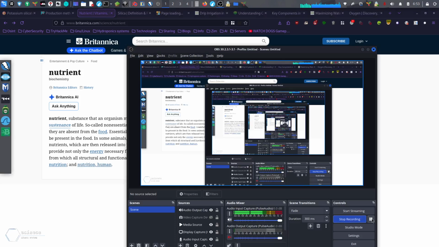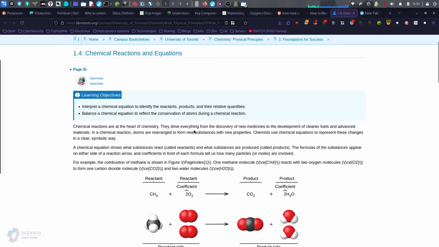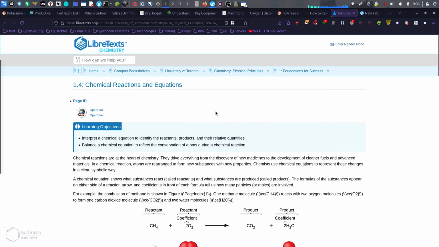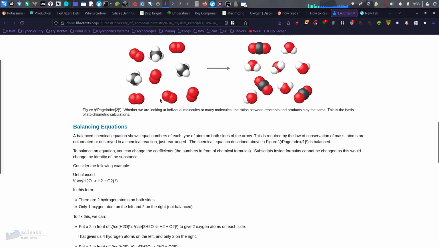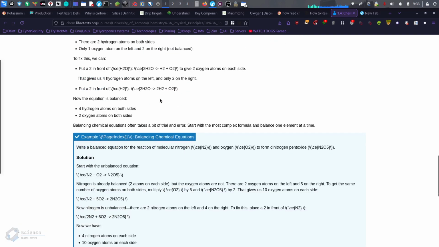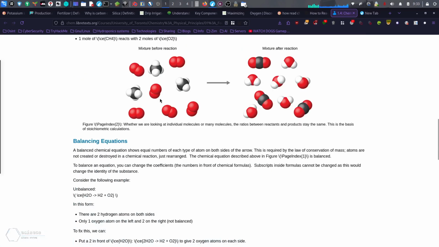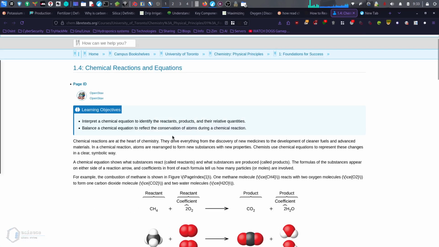Let me pause, I found an article. Firstly, we read about chemical reactions and equations. I want to know how to read chemical reactions. Let's try to understand.